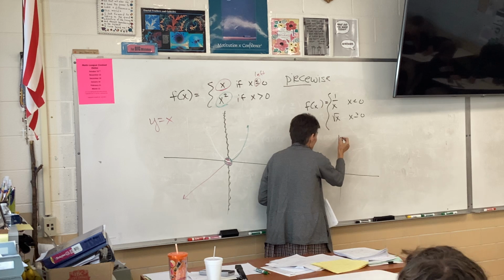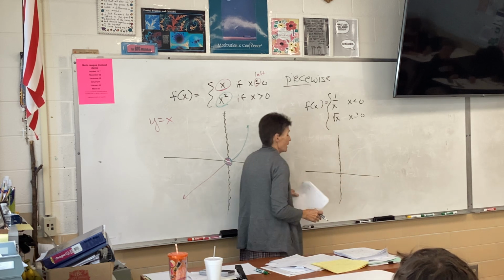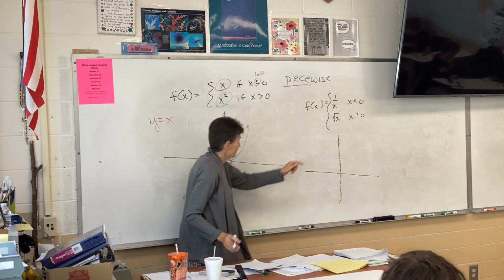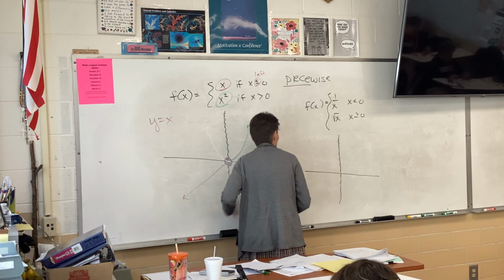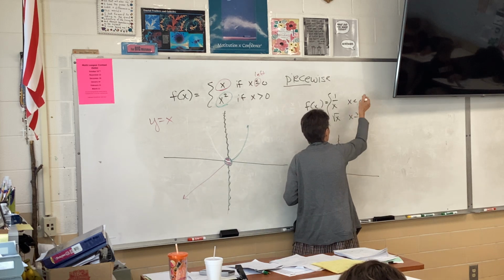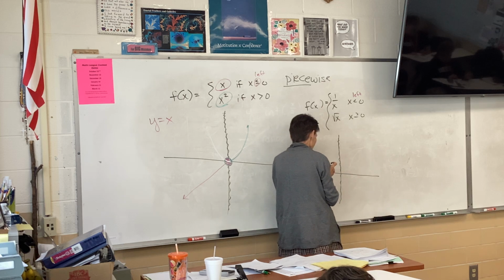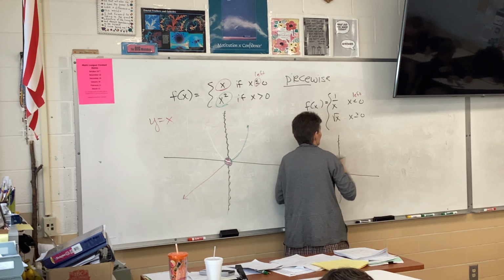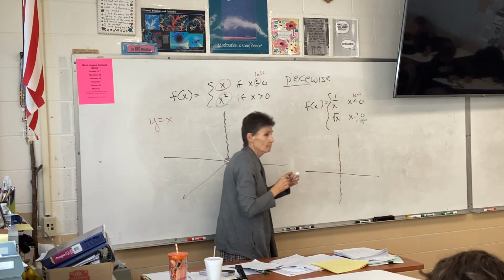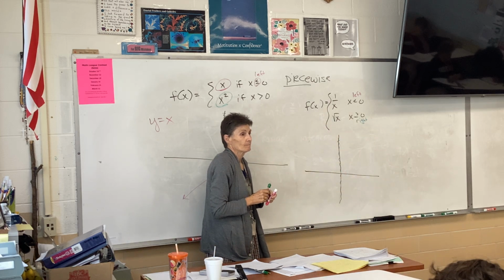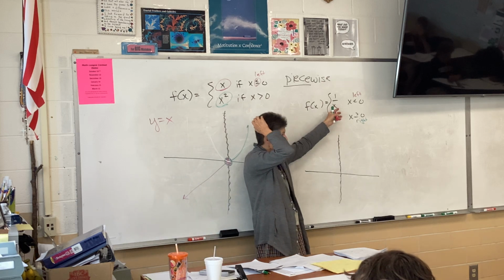All right, this one has a break here. Okay, at 0 again. This tells me where the break is. This says I'm going to keep the left side of this picture and the right side of this picture. What does that look like?